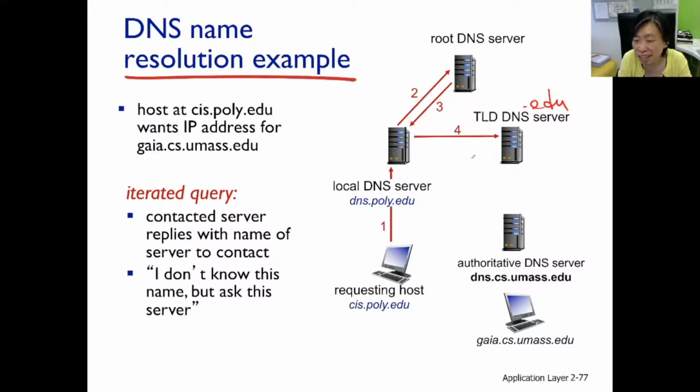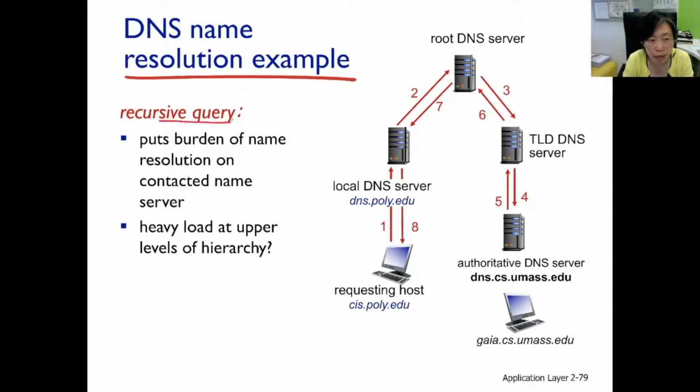The TLD DNS does not know the IP just yet, but the top level domain DNS does know the IP address of the authoritative DNS server, so that will be sent back. And the local DNS server sends the query the third time to finally the authoritative DNS server. And finally, the IP address for Gaia.cs comes back to the local DNS server. Local DNS server forwards that back to the requesting client and be happy about it.